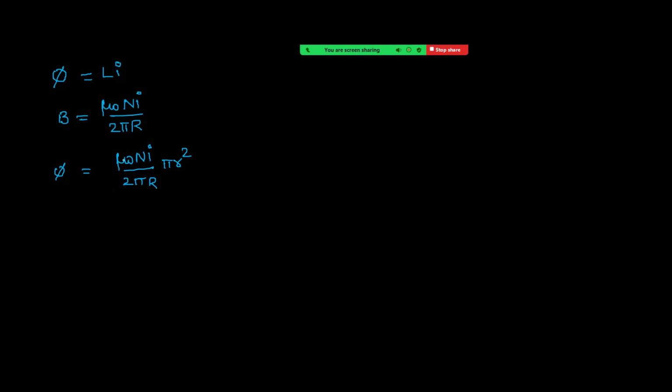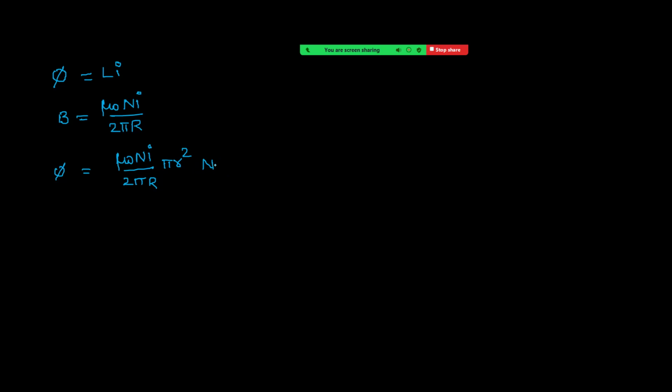We have N turns, so I'm multiplying by N. See carefully: B value mu naught N i by 2 pi R into pi r square, the cross-section area of the toroid, gives the flux linked with one turn. We have N turns, therefore the total flux is multiplied by N.